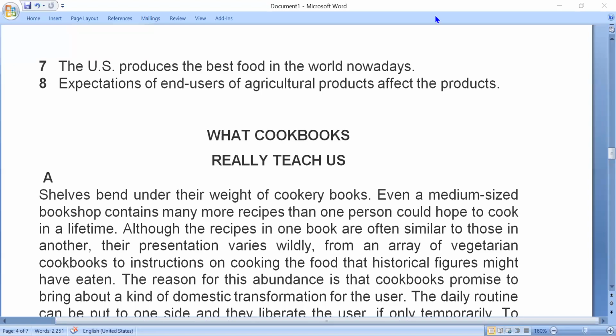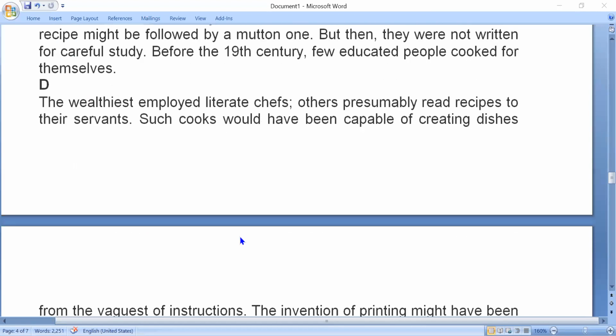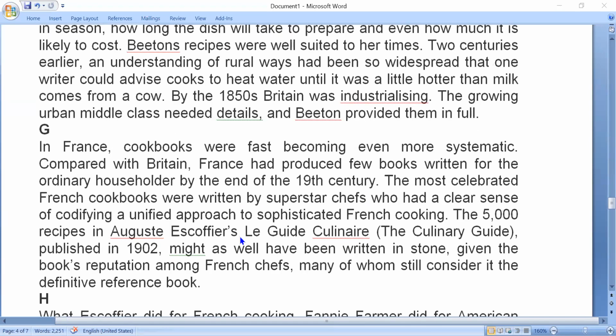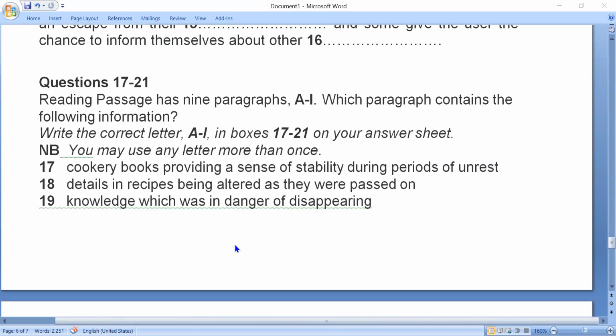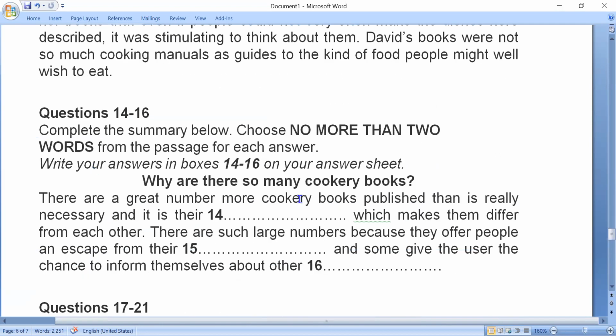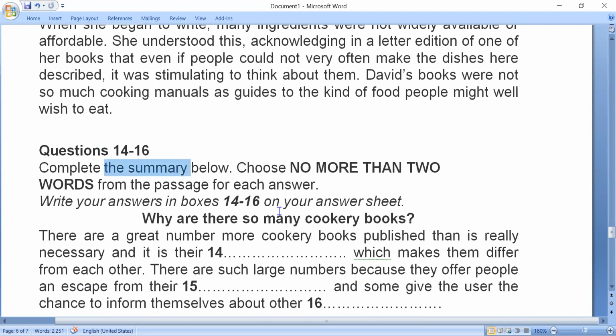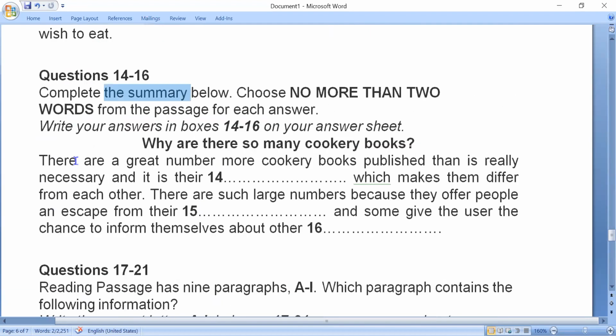Okay, so let's start now. Basically, list of headings is one of the feared item types in our test. We also have fill in the gaps, basically a summary.